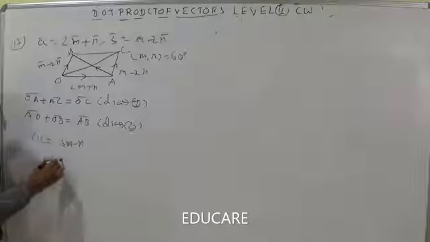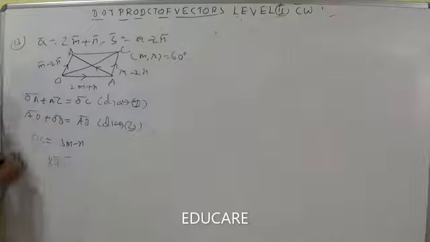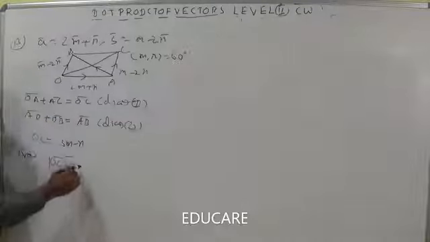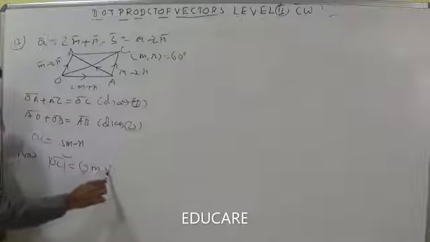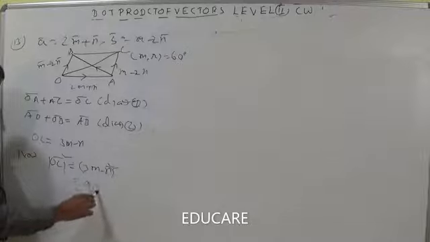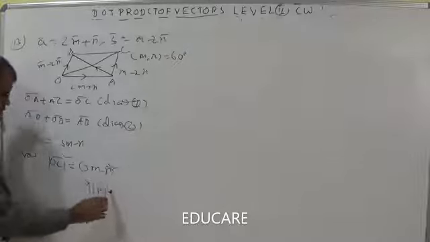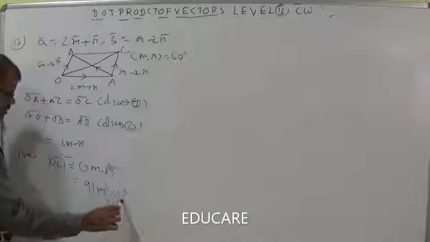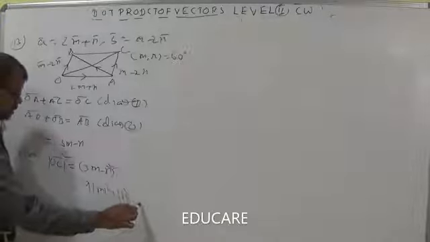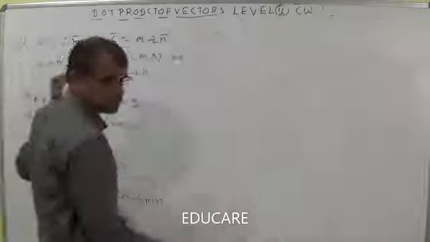Now you should consider OC square. Consider the value (3m minus n) whole square. It becomes 9 m square, this is mod m square, plus n square minus 6 m dot n.